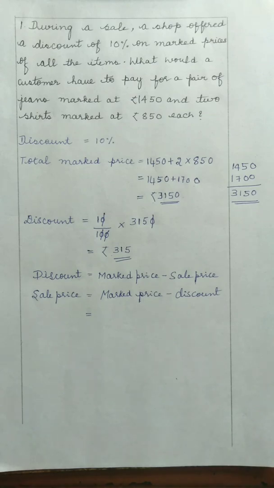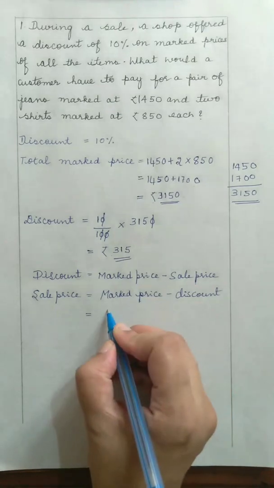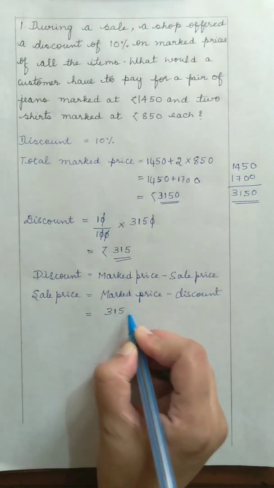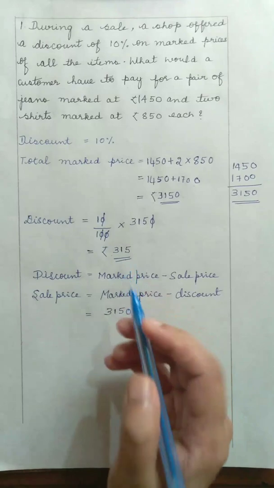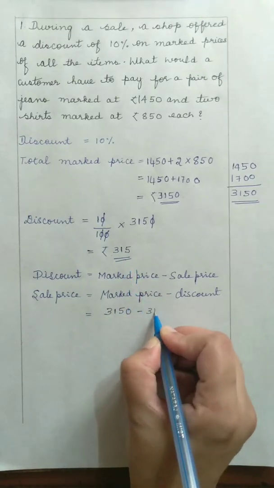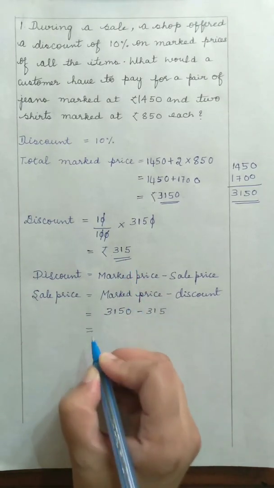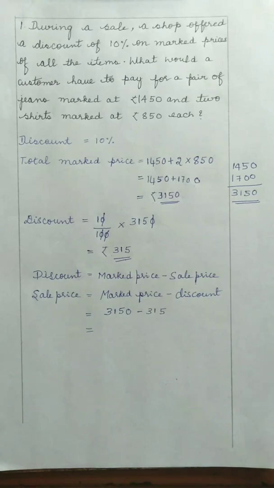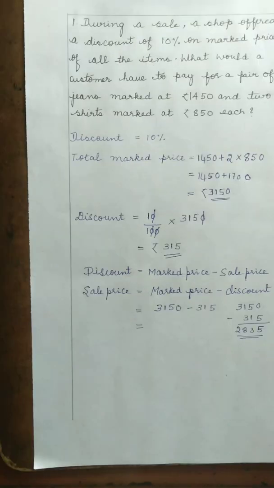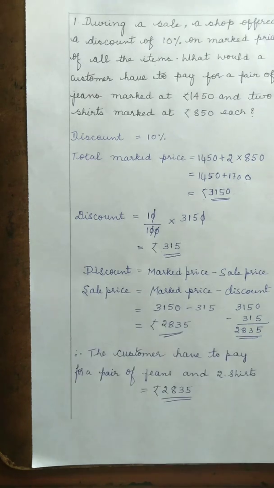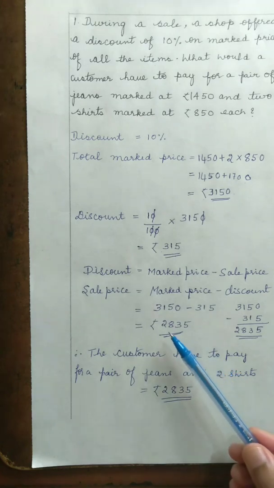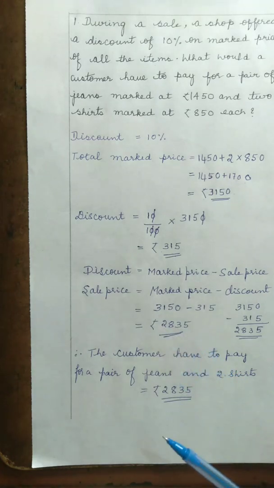On substituting the values, children, marked price we have rupees 3150 minus discount is rupees 315. Therefore, 3150 minus 315, the answer will be equal to rupees 2835. Therefore, children, the sale price is equal to rupees 2835.